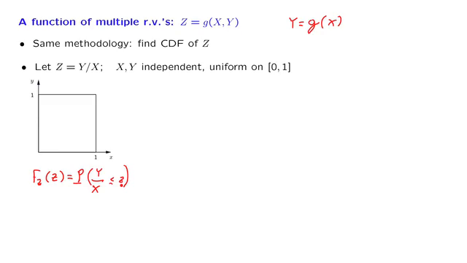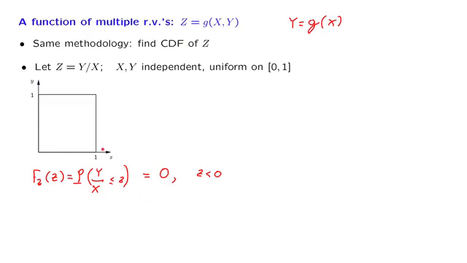Suppose that z is negative. What is the probability that this ratio is negative? Well, since x and y are non-negative numbers, there's no way that the ratio is going to be negative. So if little z is a negative number, the probability of this event is going to be equal to 0. This is the easier case.